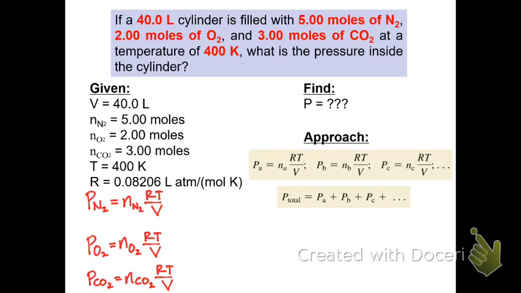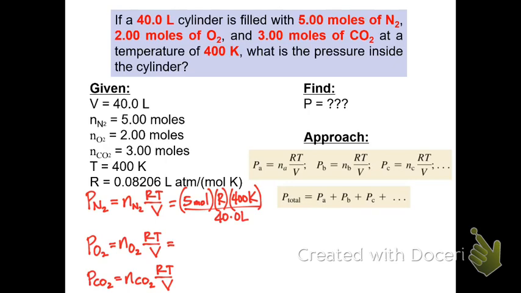So all you have to do now is plug in the numbers. We know the number of moles of nitrogen gas, which is 5 moles, times the ideal gas constant. I'm just going to leave it as R here, times the temperature of 400 kelvins divided by volume, which is 40 liters.